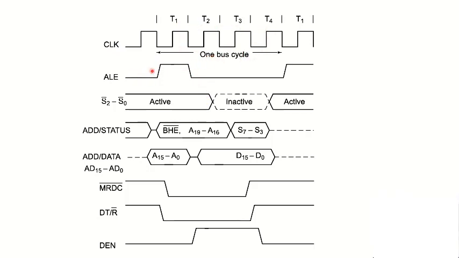Whenever ALE is high, the address will be available at the multiplexed address status bus and the multiplexed address data bus. ALE will be high for one clock.